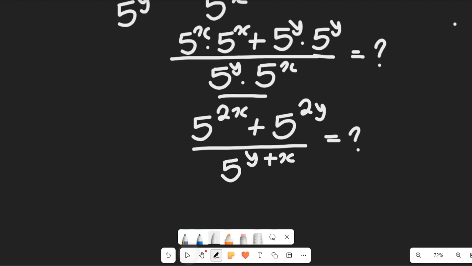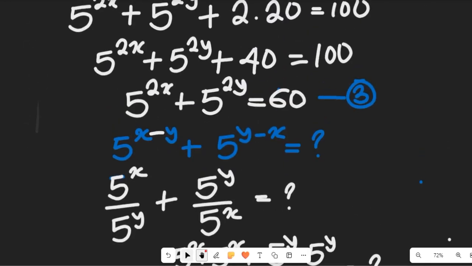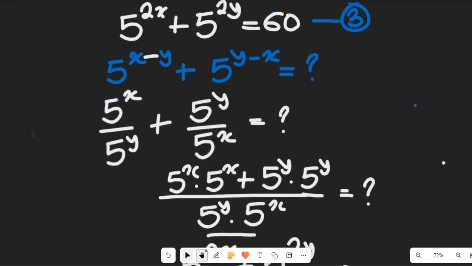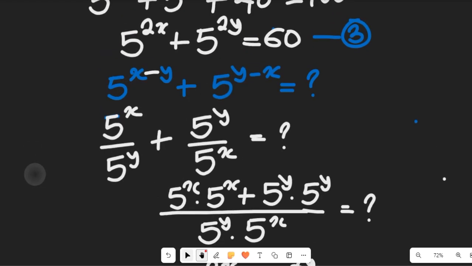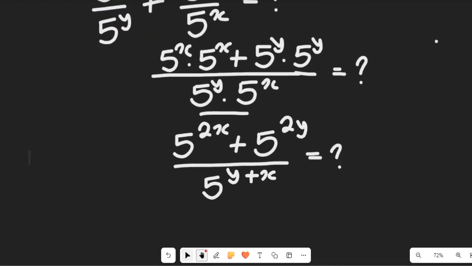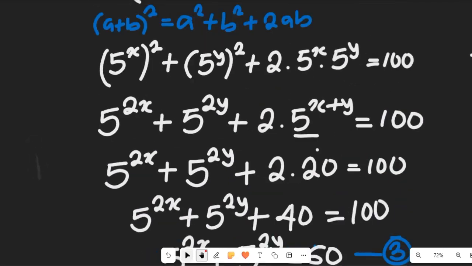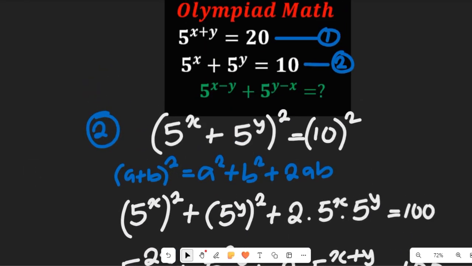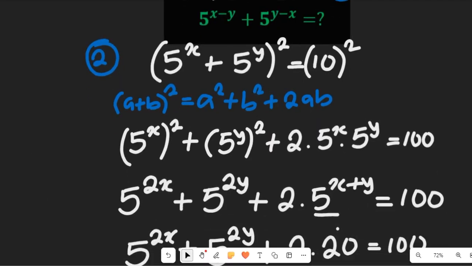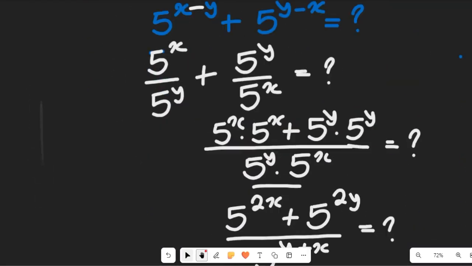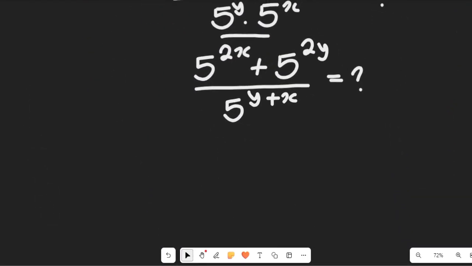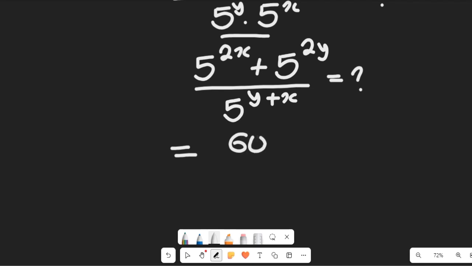Now let's compare this expression with what we have. Remember what we got in equation 3: 5 to the power of 2x plus 5 to the power of 2y is equal to 60. And remember the first expression that was given to us, 5 to the power of x plus y is equal to 20. So if we apply that here, you see that our answer will just pop out. This is going to give us 60 divided by 20.